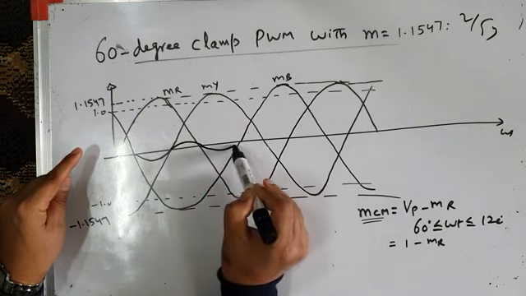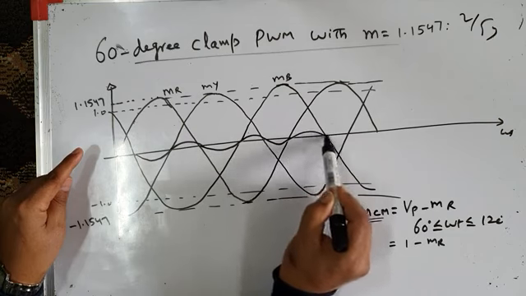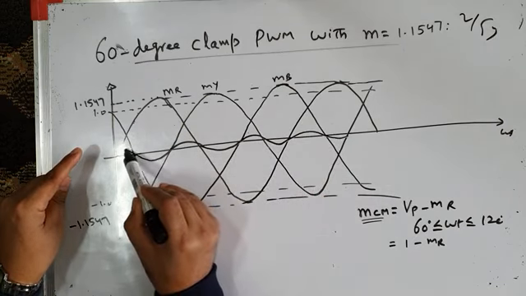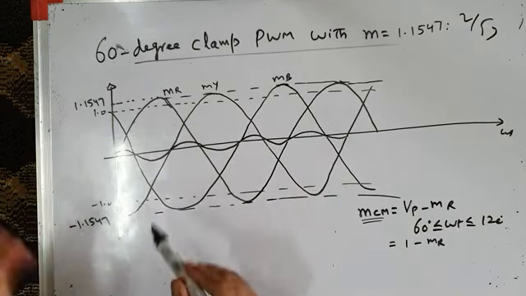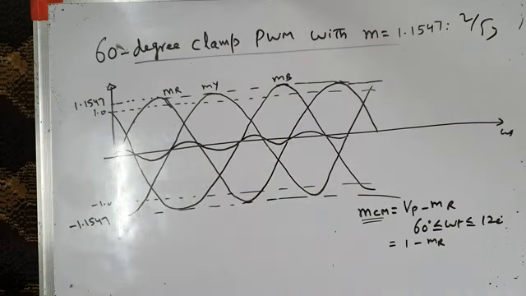Positive, and then again negative, positive. There is dissymmetry, my drawing is not proper. These waveforms are not exactly symmetrical. That's why it's happening.